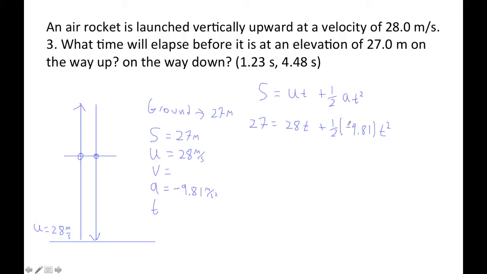So what we want to do is rewrite this in the form of ax squared plus bx plus c equals 0. Because if we do that, we can just use the quadratic equation, okay? Now what we got to do is just flip this guy around. So half of 9.81 is negative 4.905.